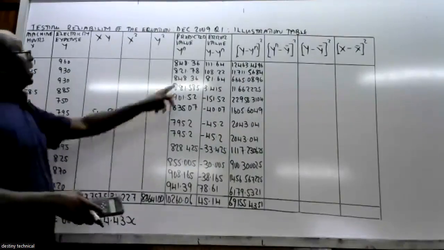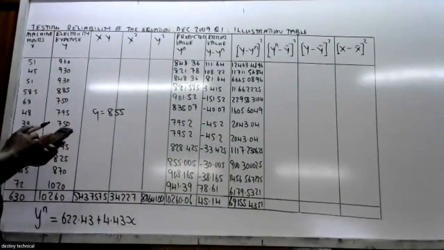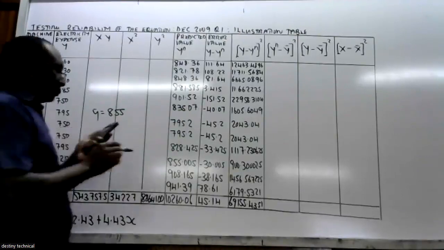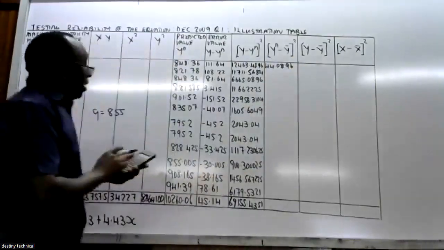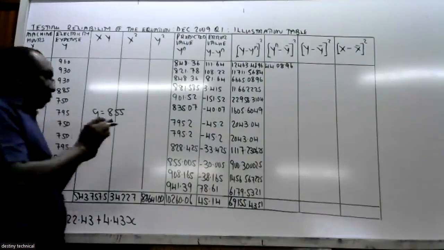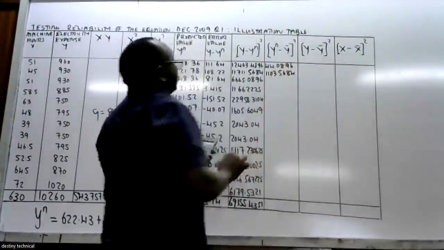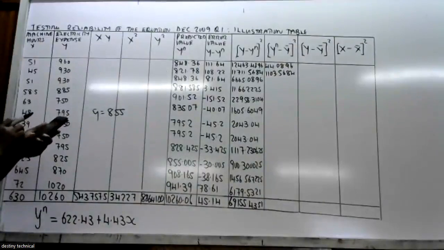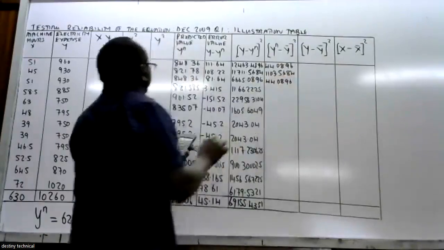So tutakuwa tunachukua this predicted, you subtract the y bar, you square. 848.36 minus 855 squared is 44.0896. 821.78 minus 855 squared is 1103.5684. 848.36 minus 855 square is 44.0896.